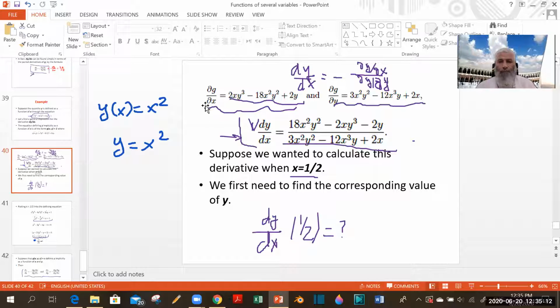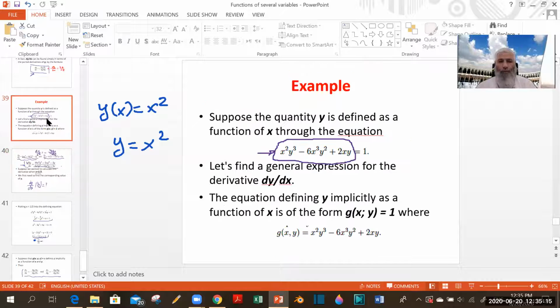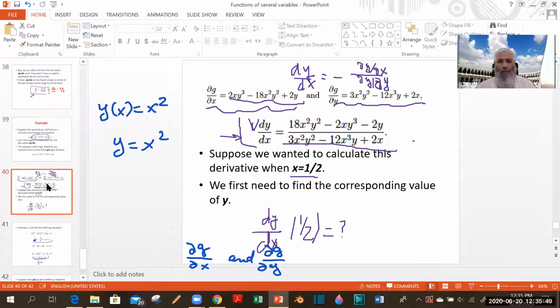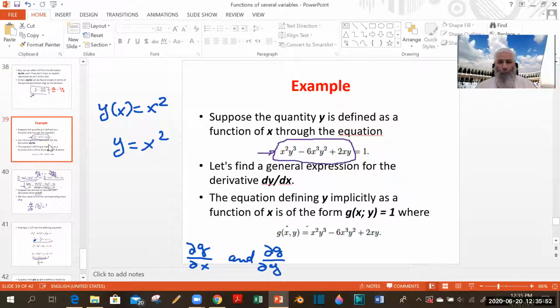So you will find dg dx and dg dy from here, and divide dg dx by dg dy, but with a negative sign.